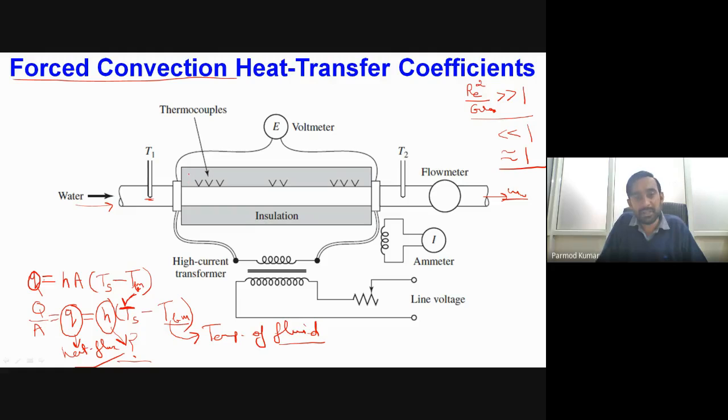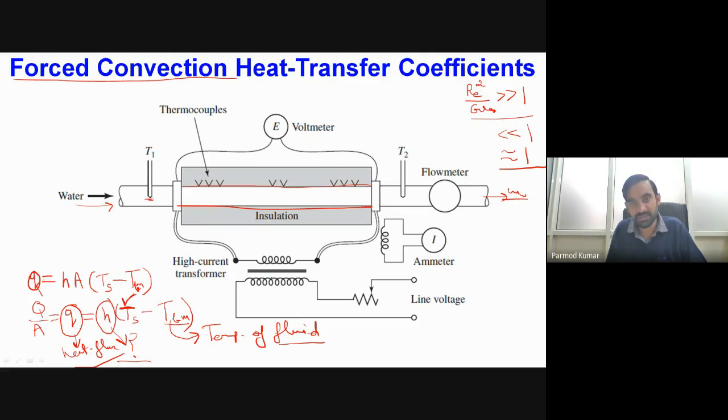Now, in this particular test section we have a heater arrangement. We will have a heater on the surface of this pipe. I can consider this pipe surface as conductive, and connect it to a device which will supply electrical energy.